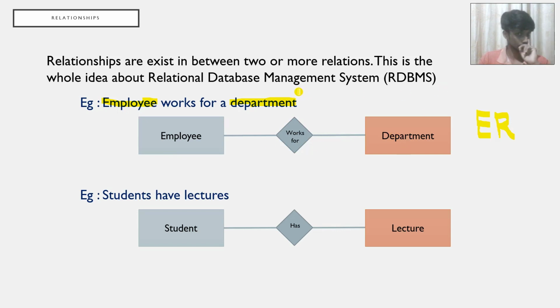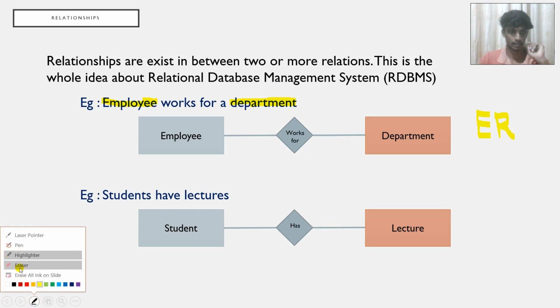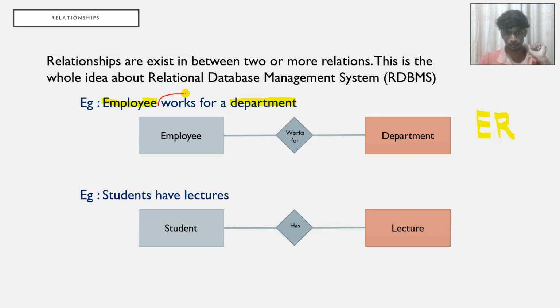So what is the relationship in between employee and department? The relationship is works for. That relation we are going to represent by using this notation as works for. It's a very simple thing.